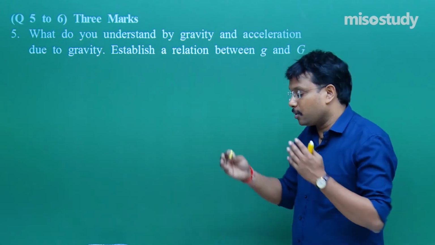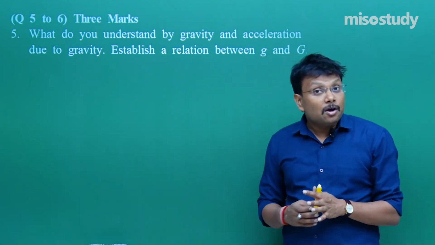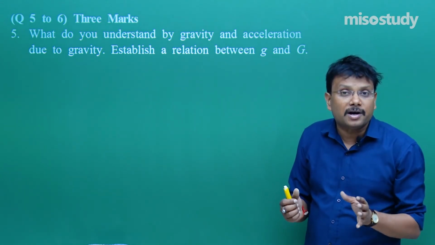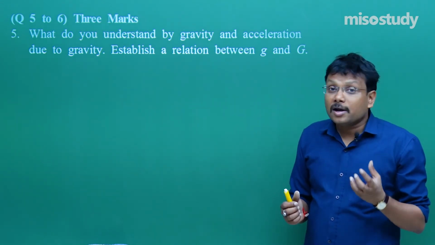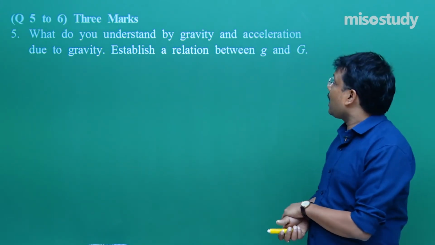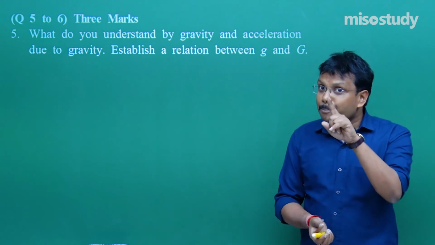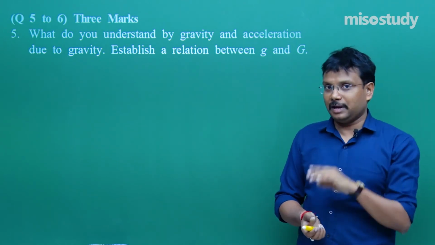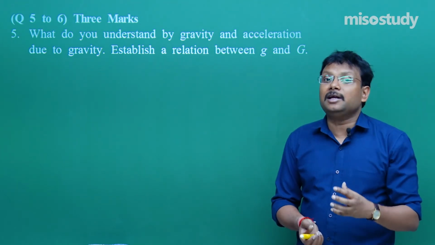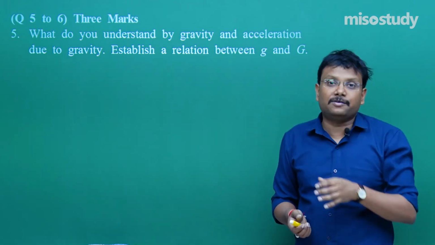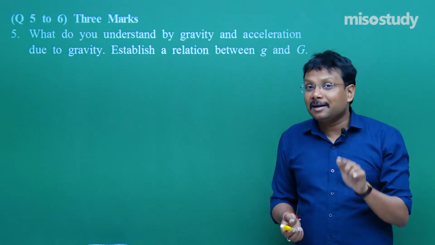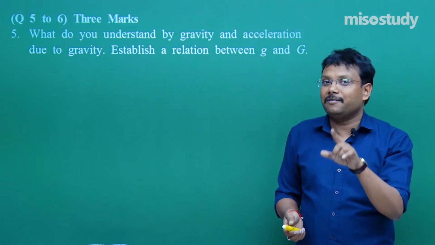Gravity is what? Okay, gravity is the tendency of the earth to attract each and every object towards its center, or a type of force, that is gravity. And acceleration due to gravity: because of the force of gravity, the amount of acceleration that comes in any object's motion is defined as acceleration due to gravity, a type of acceleration that comes into the picture because of the gravitational force.